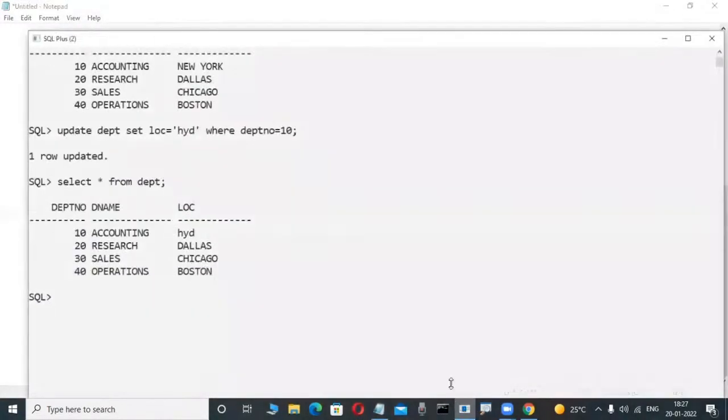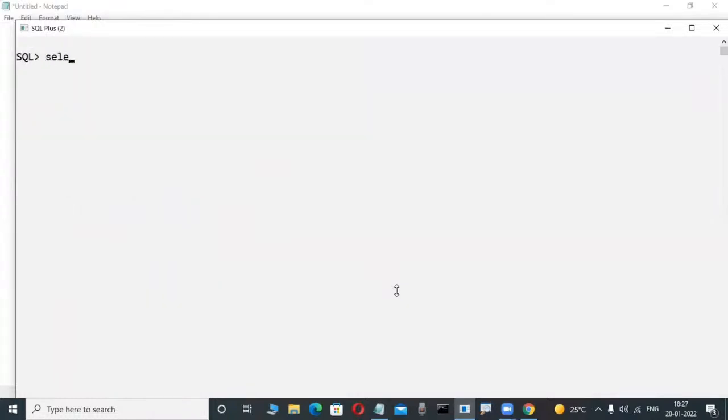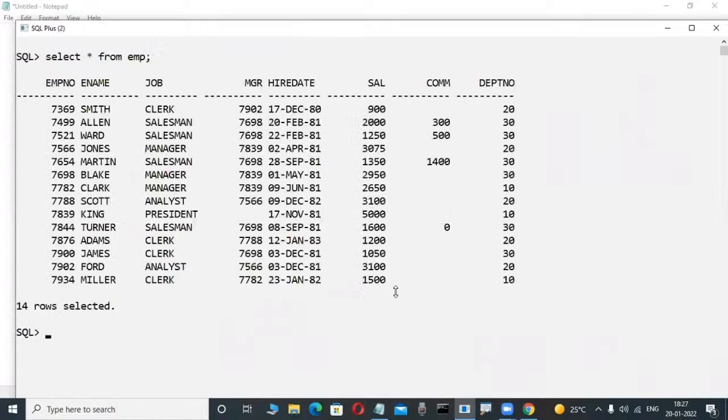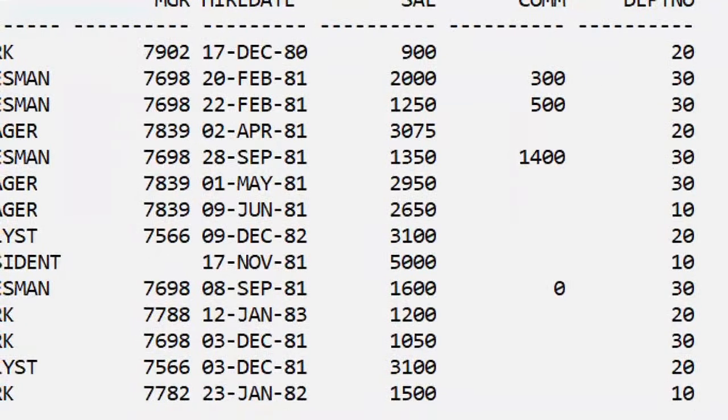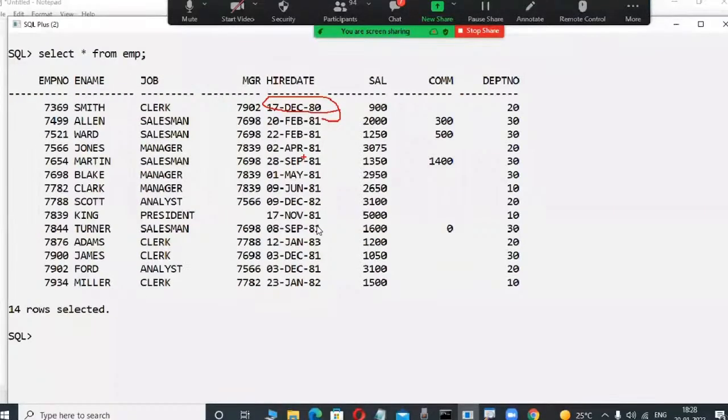Now, from these software, suppose somewhere data is there. Suppose these are the employees who joined. I want to display the employees who joined before 1981. I want those employee details in my project.